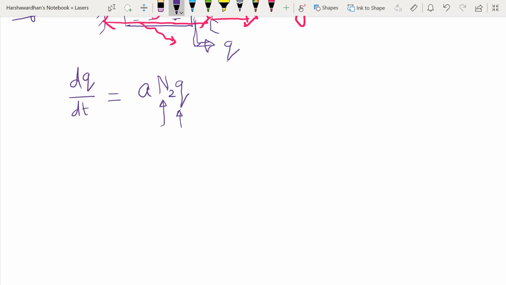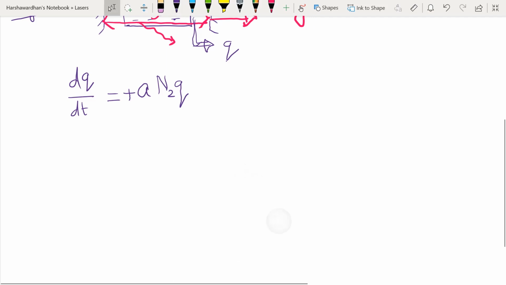So stimulated emission requires that we have both the number of atoms as well as the number of photons governing the process. Remember that the sign in front of this term is positive, and you have the second term, which is the loss term, which is some coefficient b times Q. So this is the loss of lasing photons which has been extracted from the cavity, right, as lasing output.